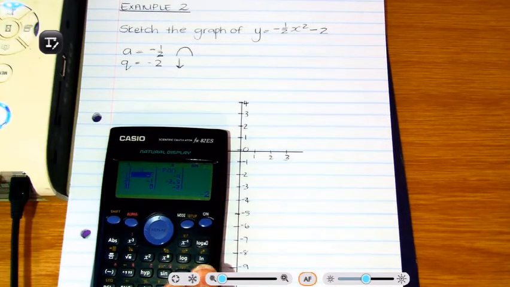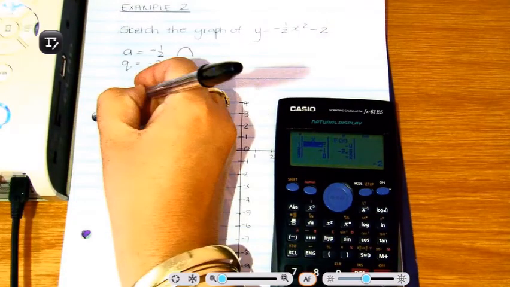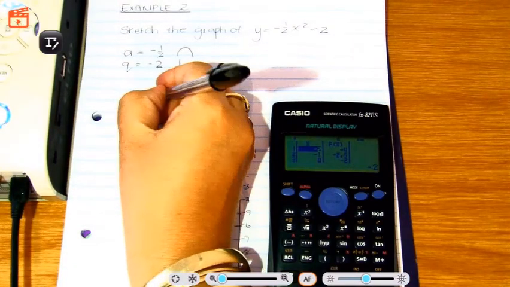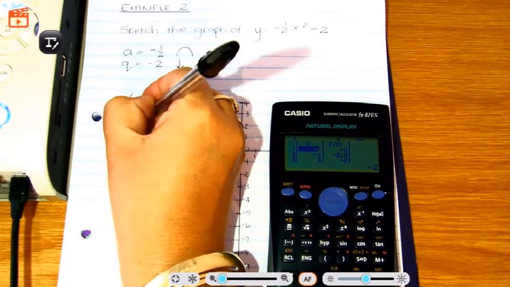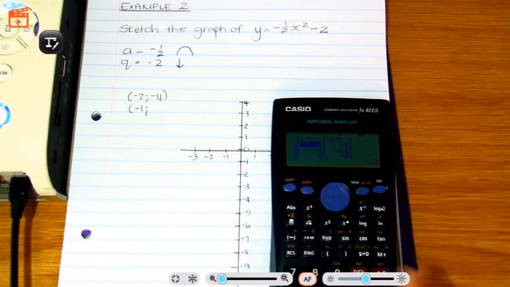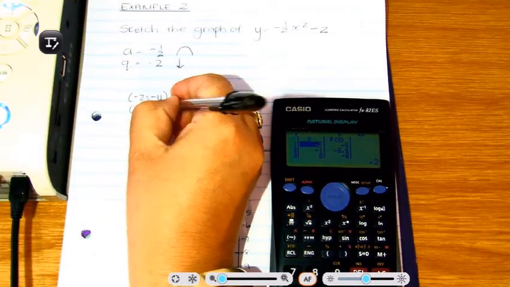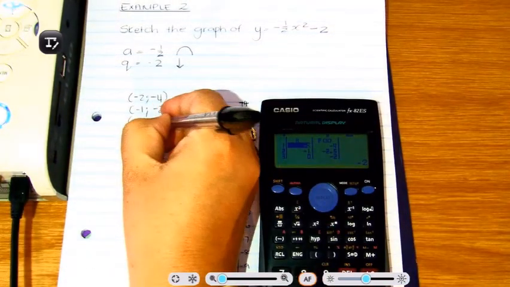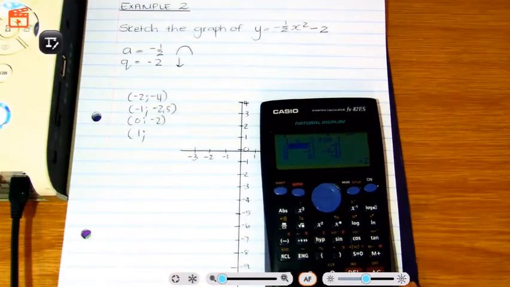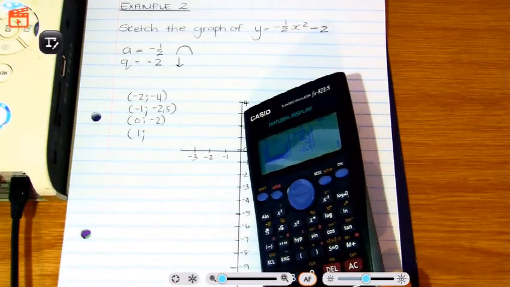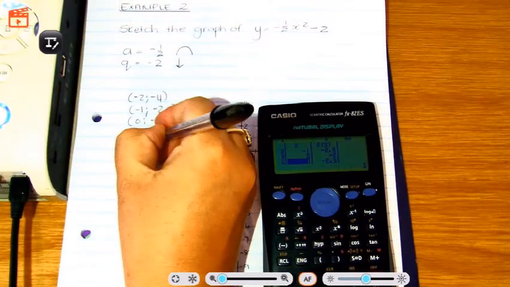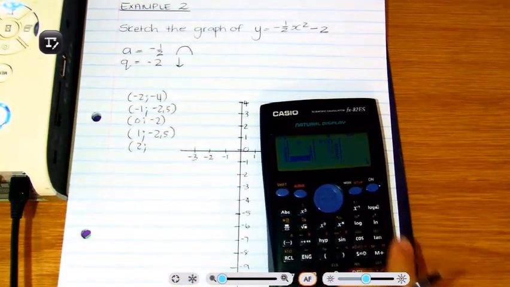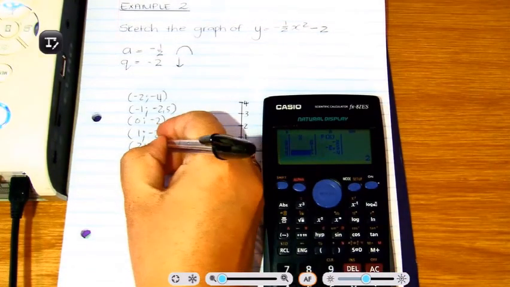And I've got the values -2 and -4, -1 and -2.5, 0 and -2, 1 and -2.5, and 2 and -4. So those are my coordinates.